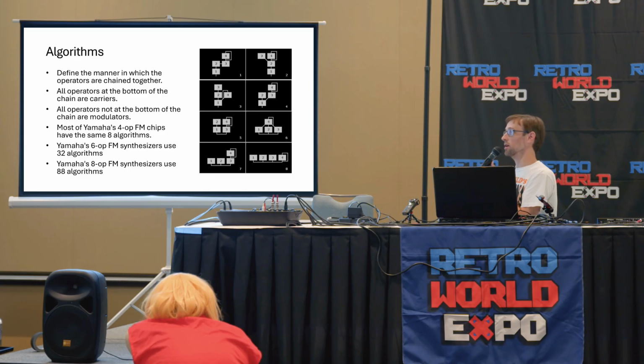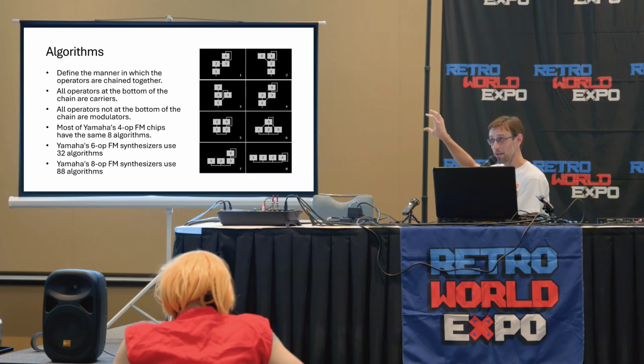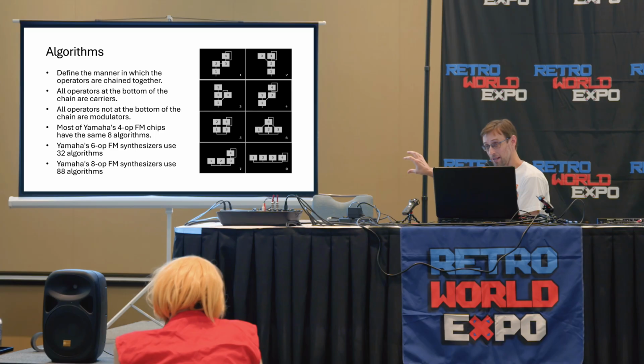That relationship is where your modulators come into play. The modulator at the top is going to manipulate the one under it, which is going to manipulate the operator under that. But the operators at the bottom are all carriers.